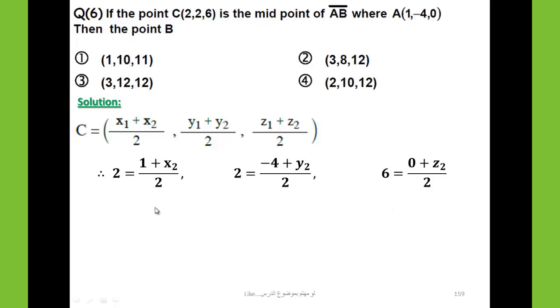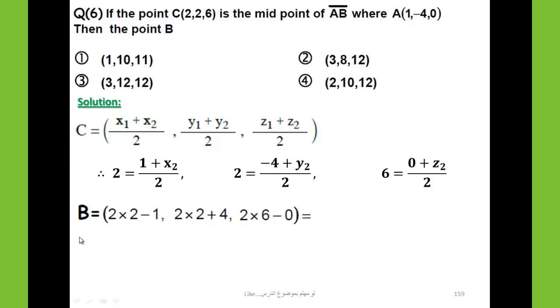Using cross multiplication, we get B. This is the second point (x2, y2, z2). So x2 equals 2 times 2 minus 1, y2 equals 2 times 2 plus 4, and z2 is 2 times 6 minus 0.